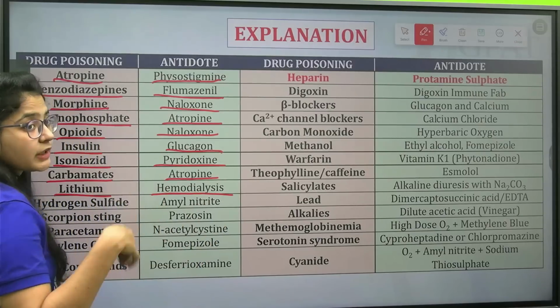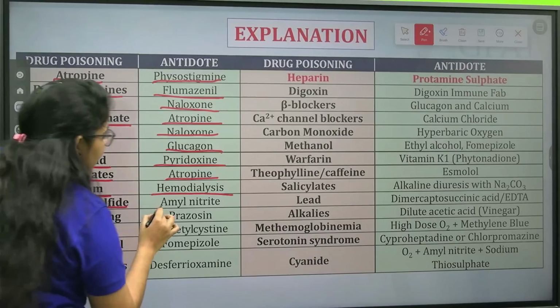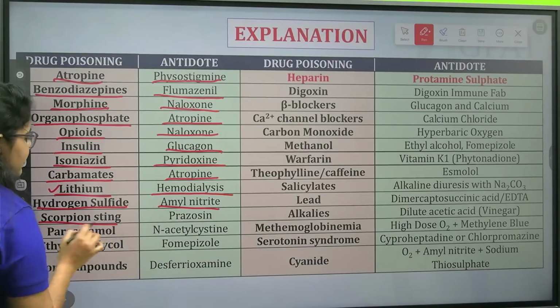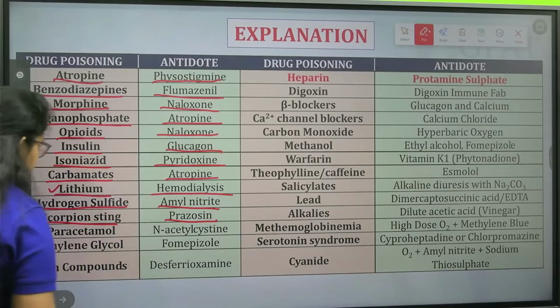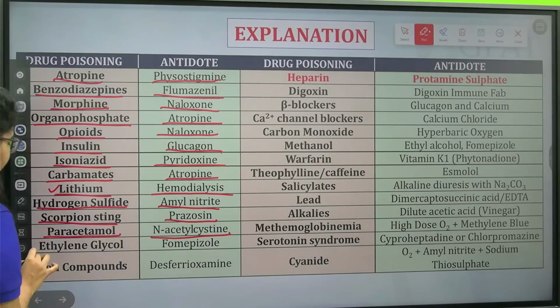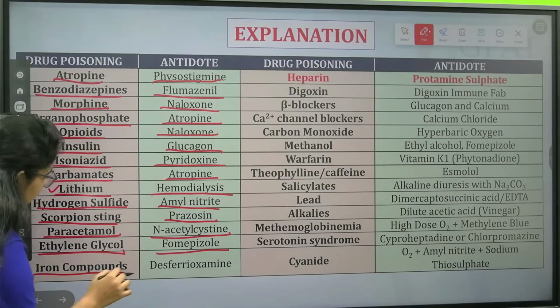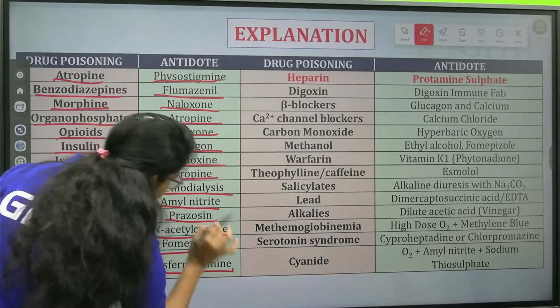Hemodialysis can treat the overdose of lithium. Hydrogen sulfide by amyl nitrite, scorpion sting by prazosin, paracetamol overdose by N-acetylcysteine, ethylene glycol by fomepizole, iron compounds by desferrioxamine.